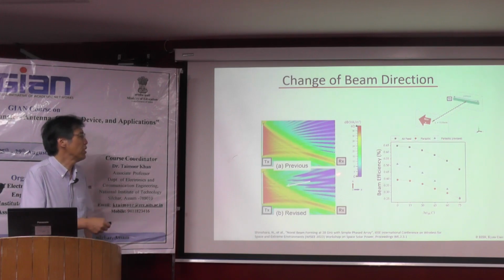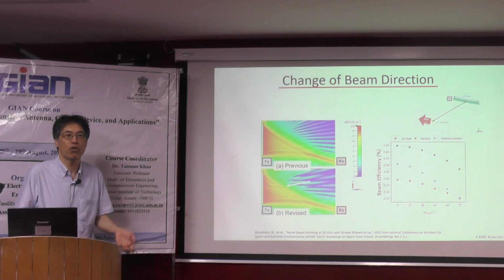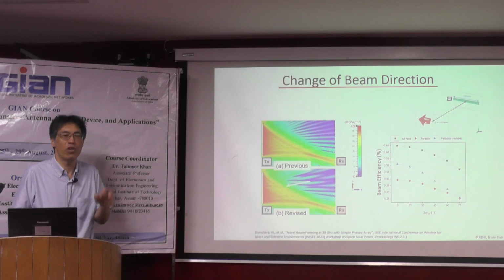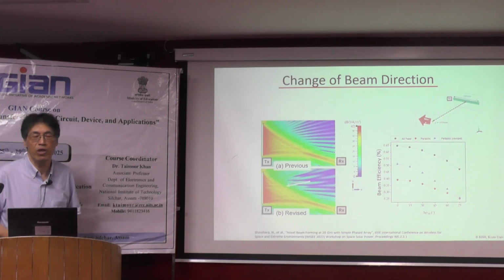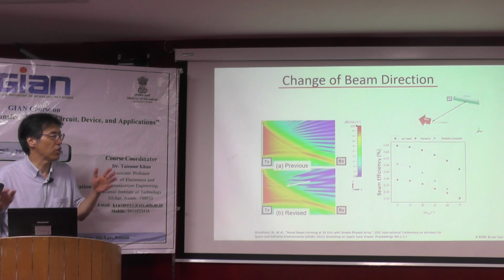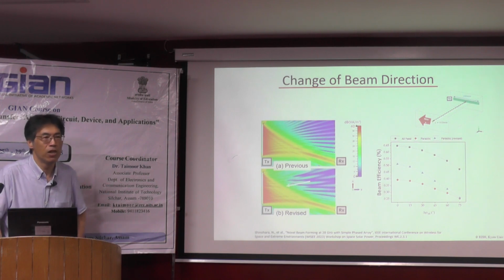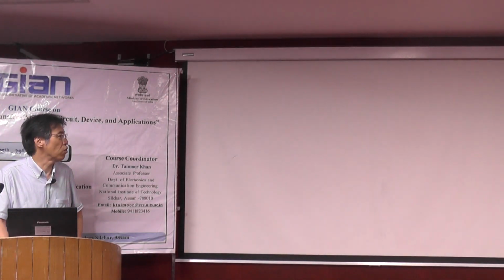So this is our Kyoto University proposal to suppress the grating lobe while keeping the low-cost phase shifter with a long spacing. So that's all my talk today.